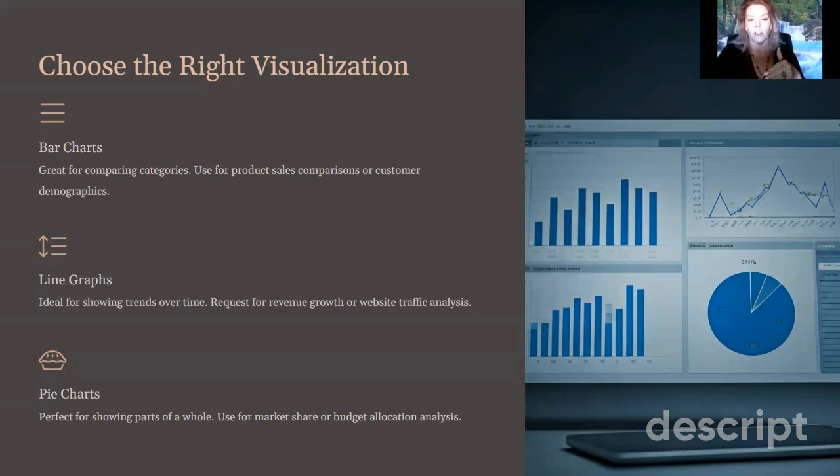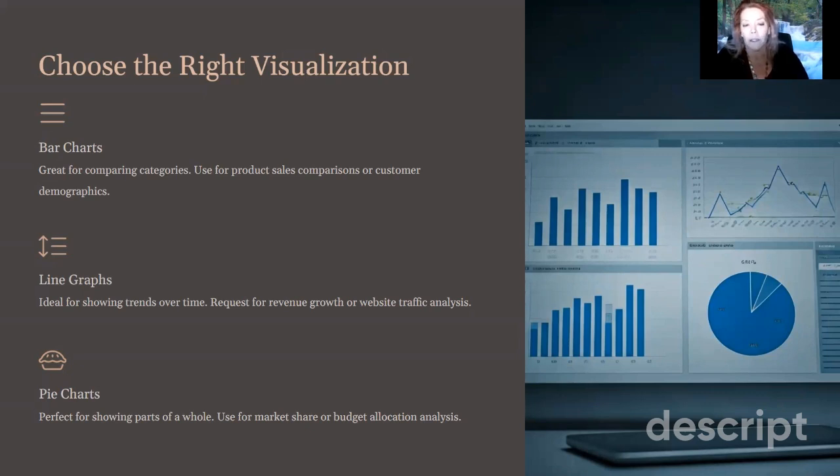On this one, you've got bar charts, which are great for comparing categories. Line graphs are good for showing trends over time, and pie charts are good for things like market share, where you've got the entire market and then you show the different portions of what that market is taken up by, for example. So it's good for showing market share or budget allocation, things like that.